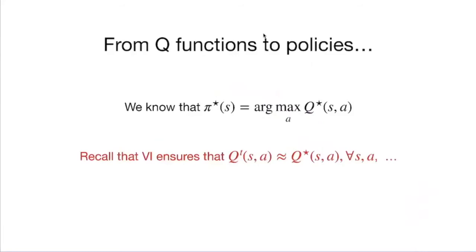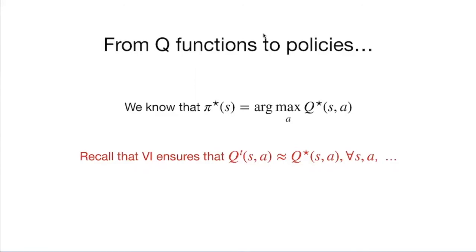Right, so the intuition is very simple. We know that if I had access to Q star, then I can just act greedily with respect to Q star. I can just set the optimal policy to be the argmax operator with respect to Q star. This is one of the quantities that we proved in maybe the second lecture. Now value iteration ensures that Qt could be arbitrarily close to Q star.